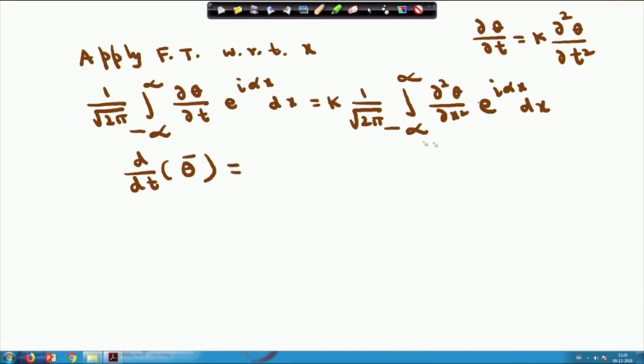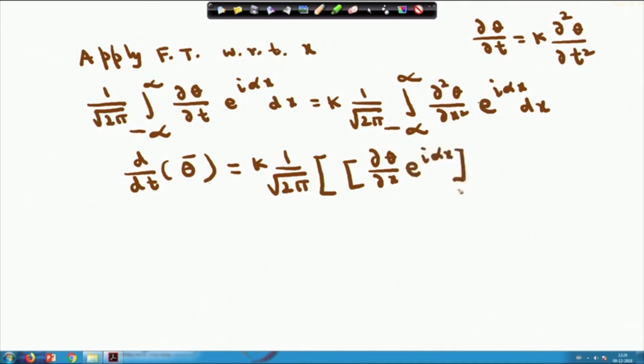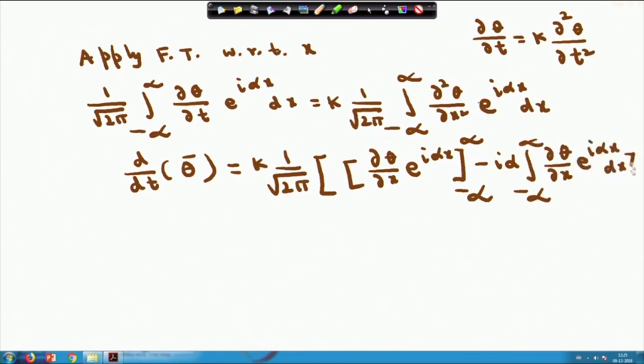And on the right hand side, now I have to use integration by parts and find the value of k into 1 by root 2π. The first term will be ∂θ/∂x into e^(iαx) from minus infinity to infinity, minus iα will come over here, integral from minus infinity to infinity of ∂θ/∂x into e^(iαx) dx.